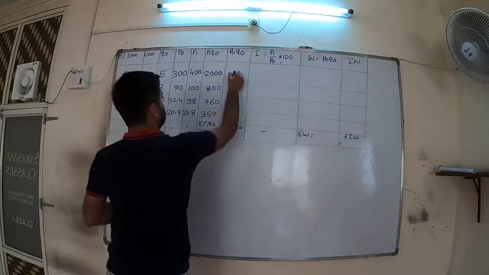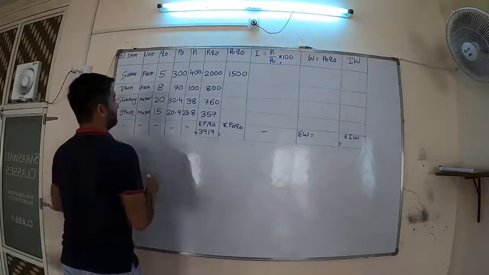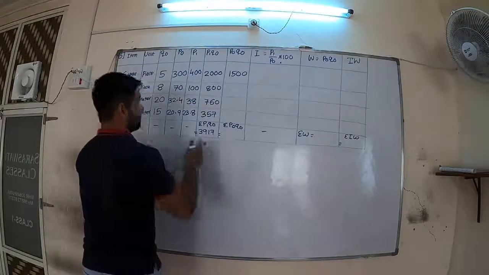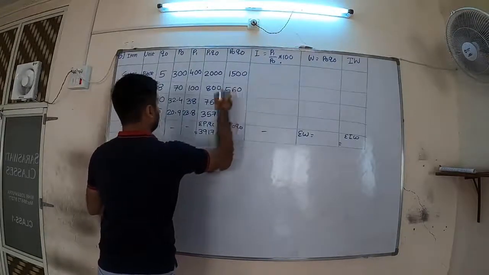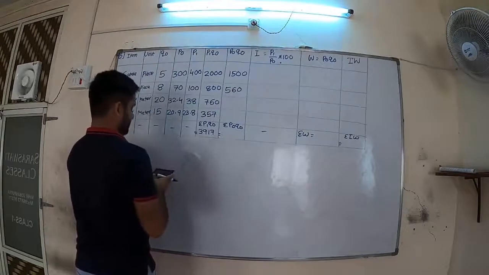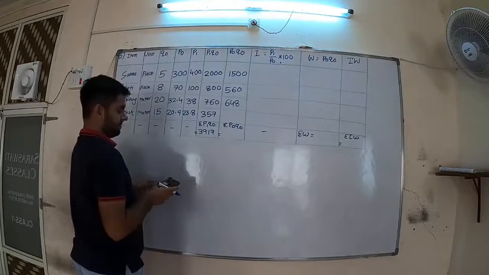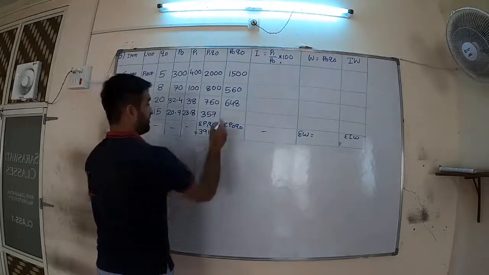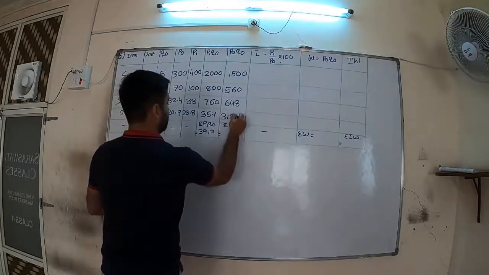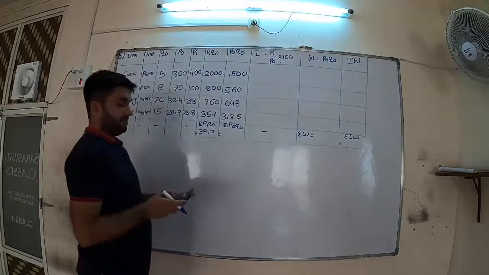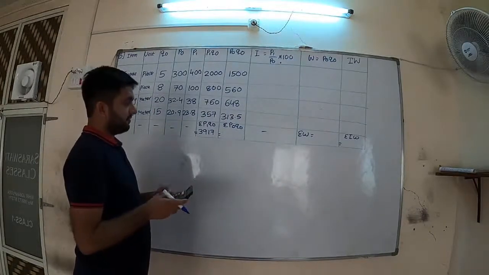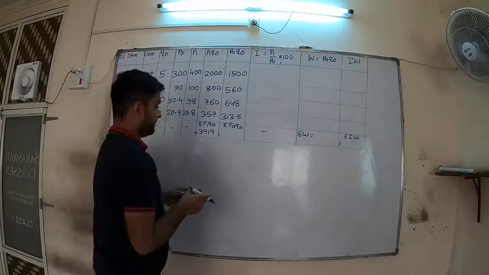Now P0 Q0. 300 into 5, 1500. 70 into 8, 560. 20 into 32.4, 648. 15 into 20.9, 313.5. 1500, 560, 648, 313.5.